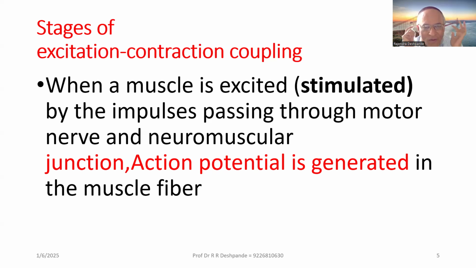Auditory pathway from the ear to the brain. Gustatory pathway from the tongue to the brain. Olfactory pathway from the nose to the brain. And touch, pain and temperature, tactile sensation from the skin to the brain.